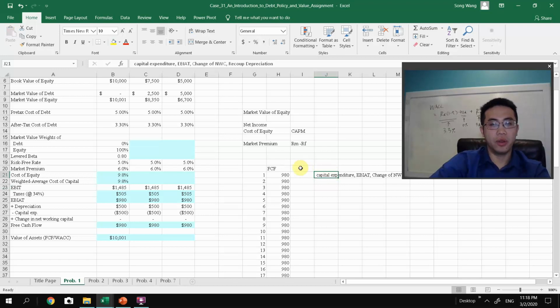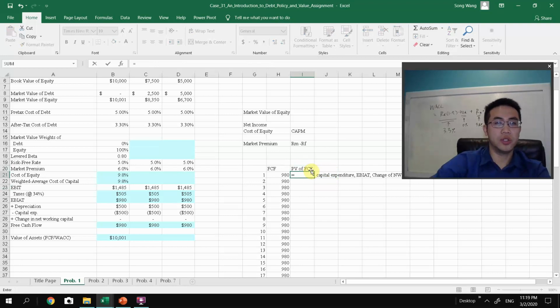And then if we get the discounted value, or the present value of the free cash flow, I'm going to use the discount rate, which is my WACC. You know, WACC is my cost of capital, which I shall use as the discount rate for the cash flows.